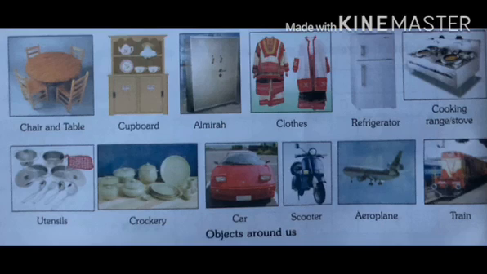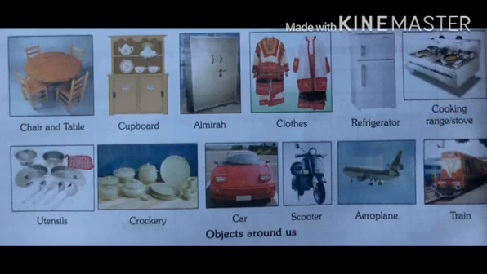Now see: table, chair, cupboard, almirah, cloth, refrigerator, cooking range, stove, utensils, crockery, car, scooter, aeroplane, train are some examples of objects around us. All these things are made up of one or more types of material.